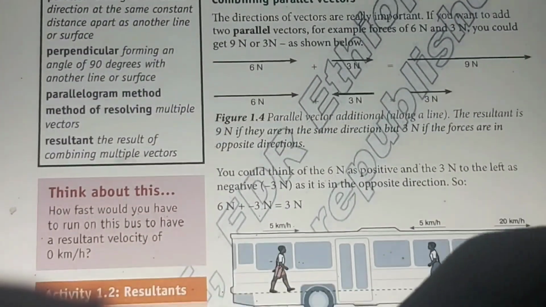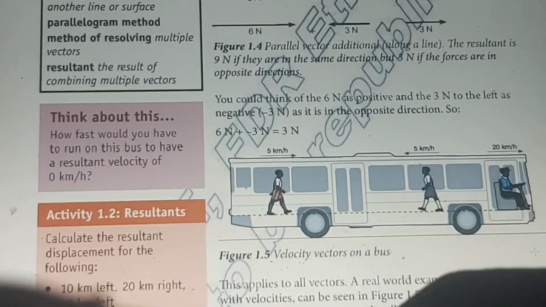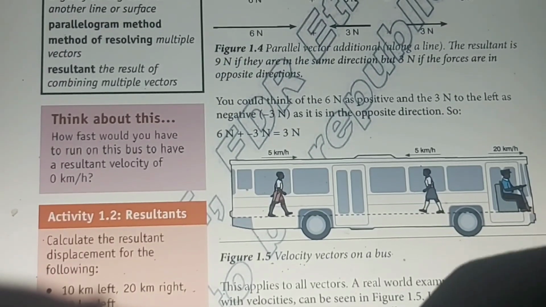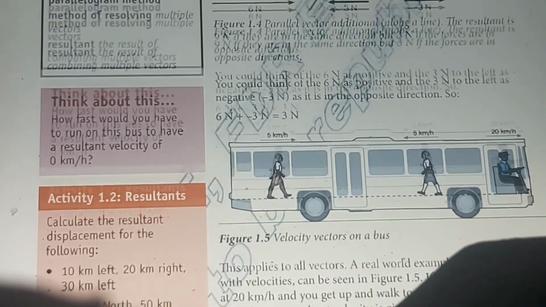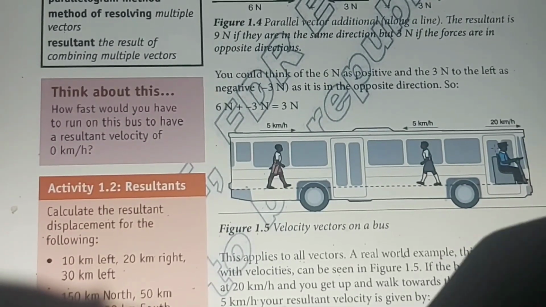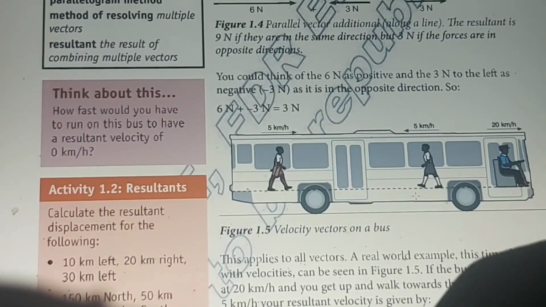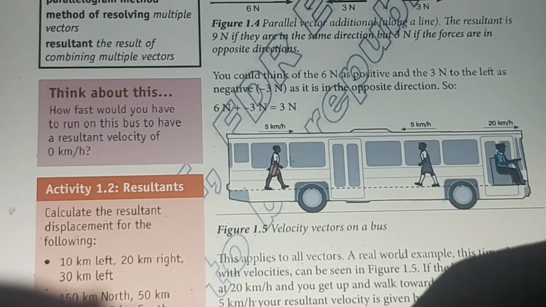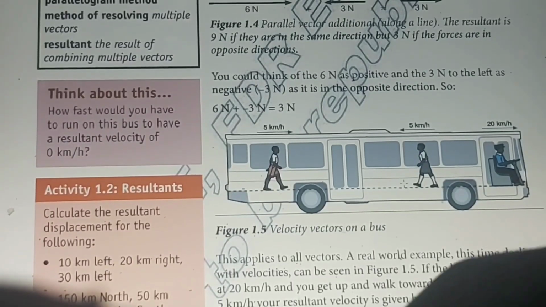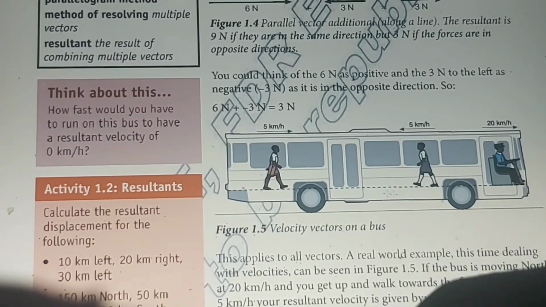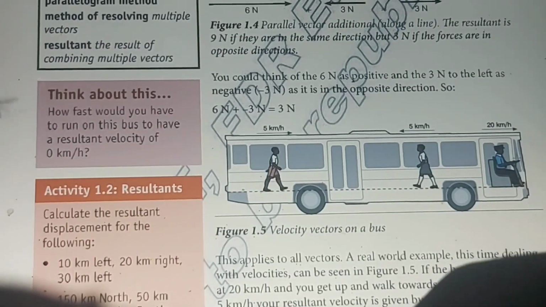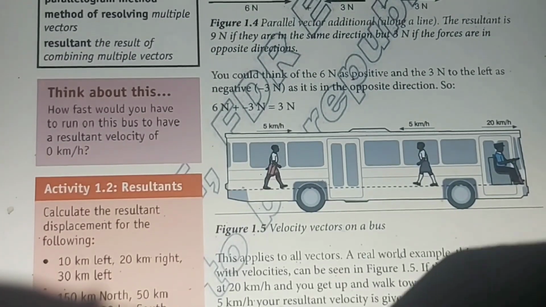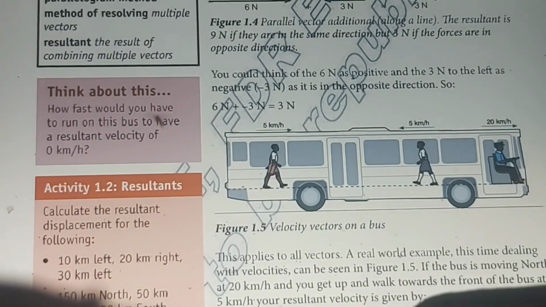Okay, here we will also see the effect in natural life, what types of effect vectors have. Here we can see this bus, this driver, and someone who is in the bus. For some purpose he moved toward the driver and came back to his first place.